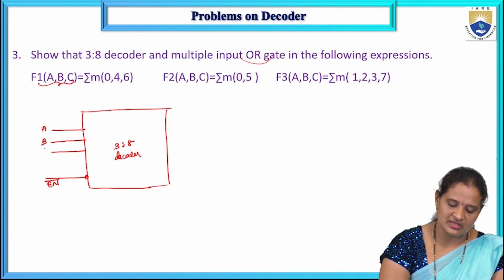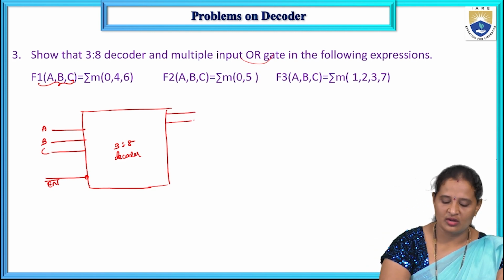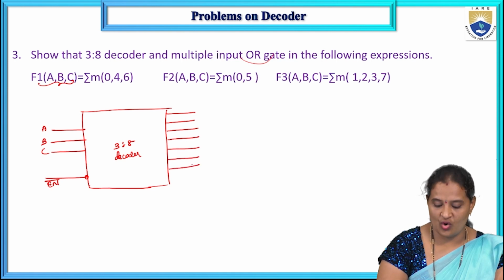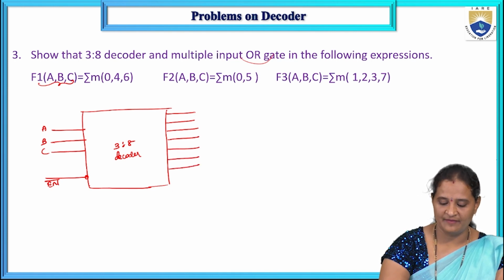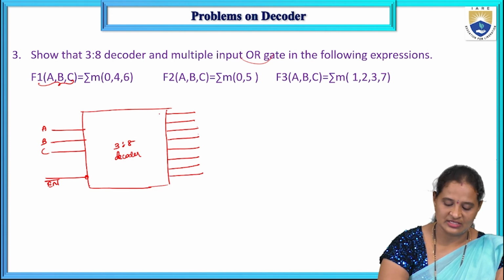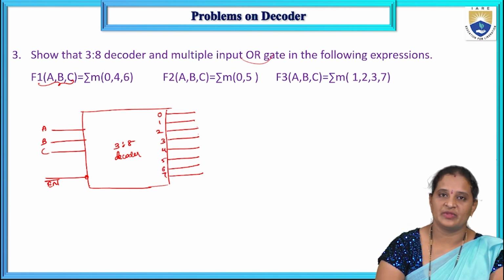So just map them as it is, A, B, C. And the outputs: as it is a 3 to 8 decoder, 3 inputs and 8 outputs we have, 0, 1, 2, 3, 4, 5, 6, 7. So these are the outputs.